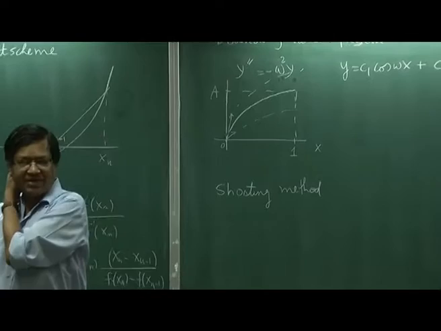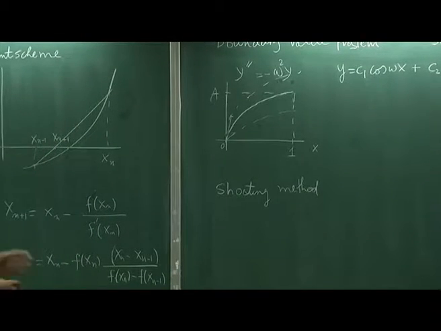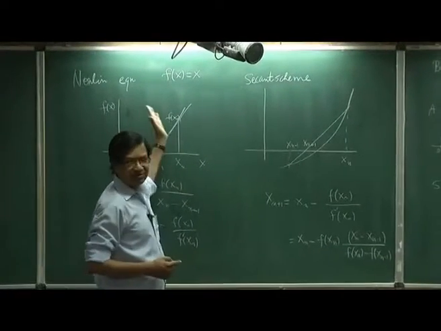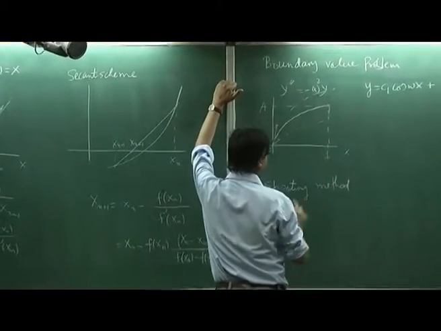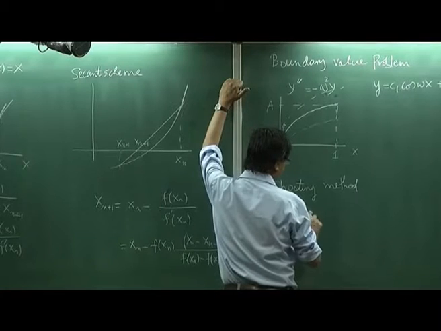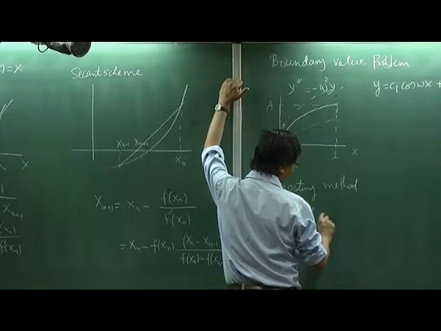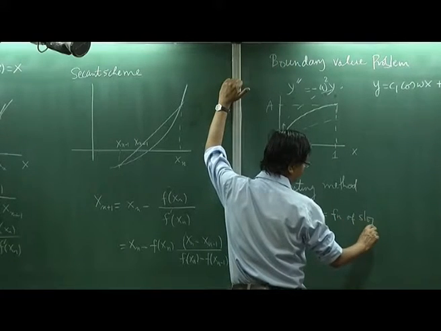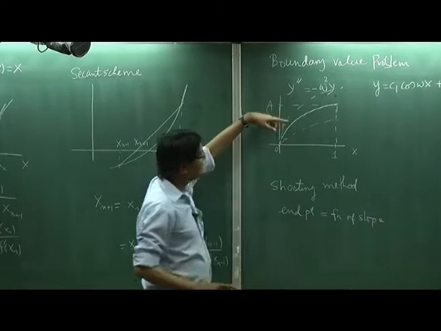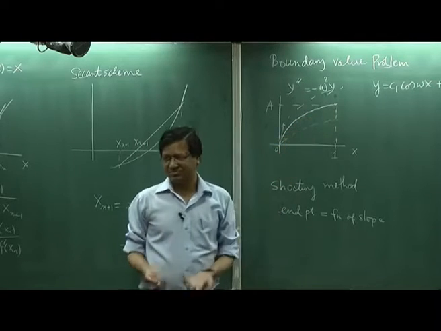What is the idea? The idea is to use a nonlinear equation solution. This is my end point, and the end point is a function of slope. So I have to find a slope which will take me to the end point equal to 1.